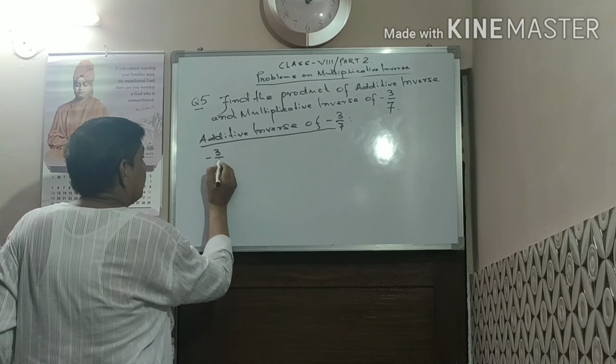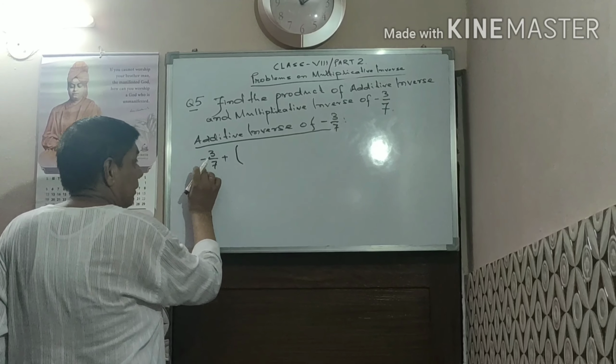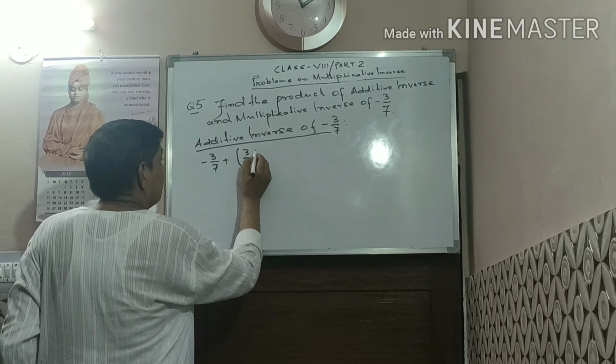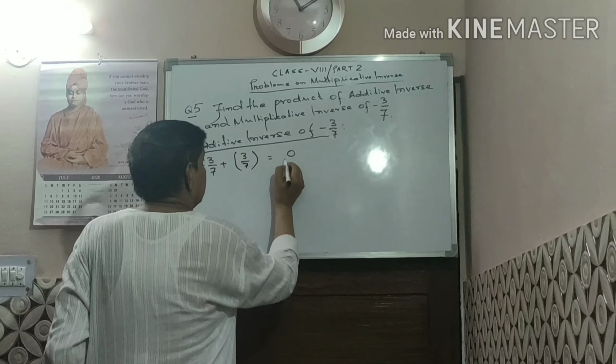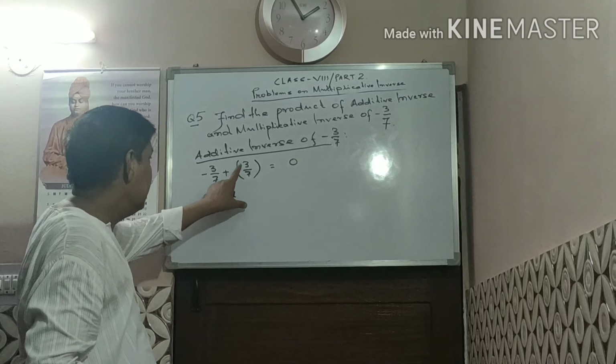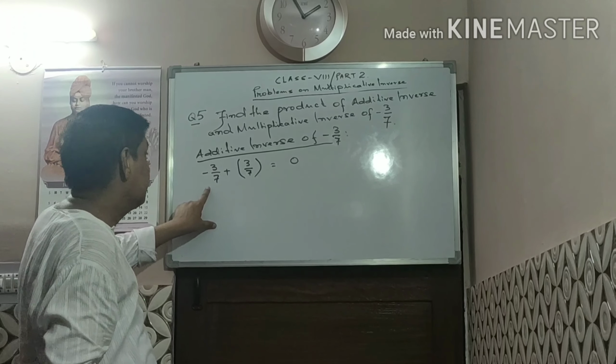Minus 3 by 7 plus the positive sign of the same number, that is 3 by 7, equals 0. So we have found 3 by 7 is the additive inverse of minus 3 by 7.